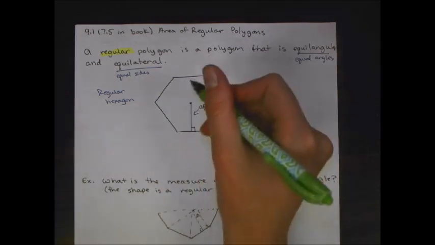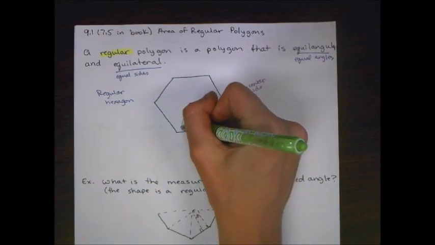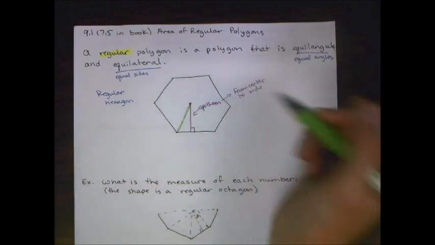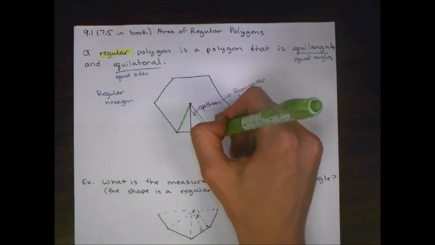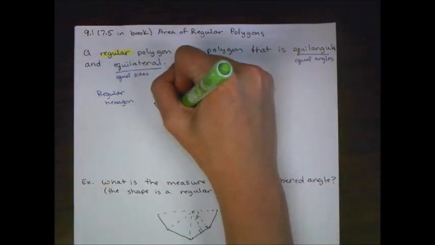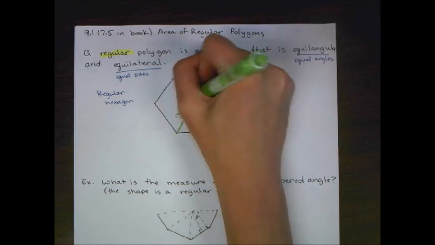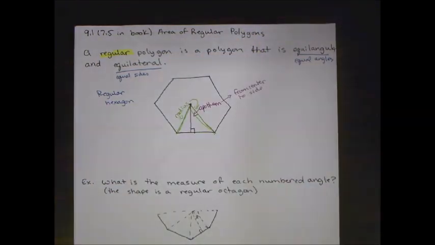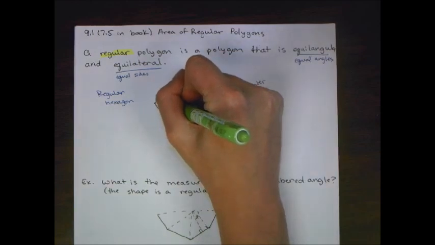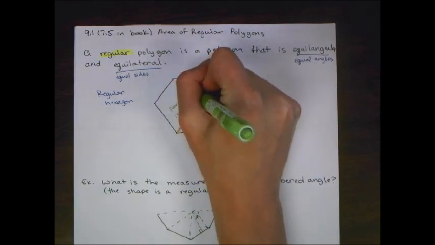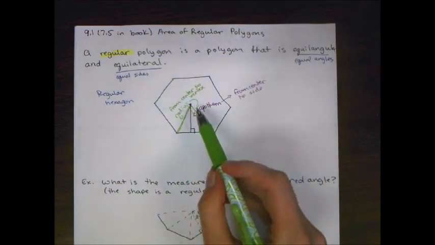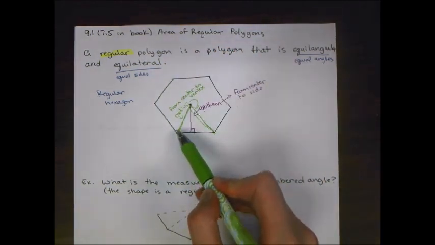The next thing I have, in green here, is what we're going to call radii, a radius. And these are from the center to the vertex.